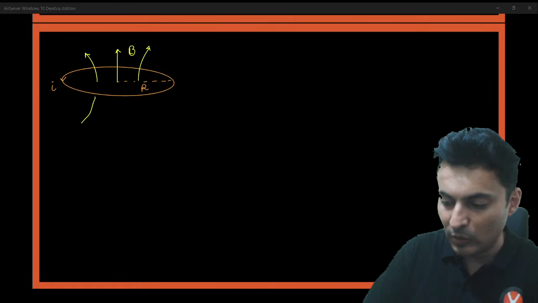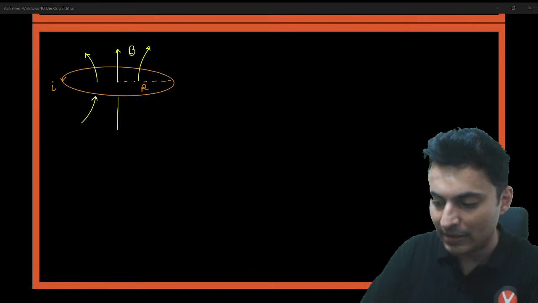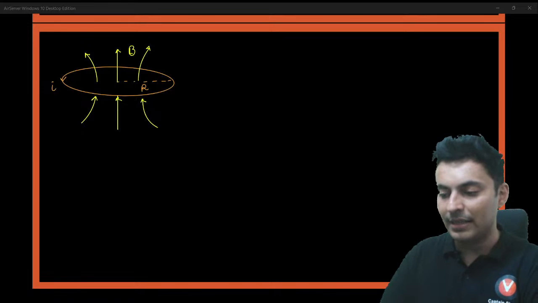So first of all, you should be able to draw those magnetic field lines, because that is a very, very important diagram for all of you. This is how the magnetic field lines look.